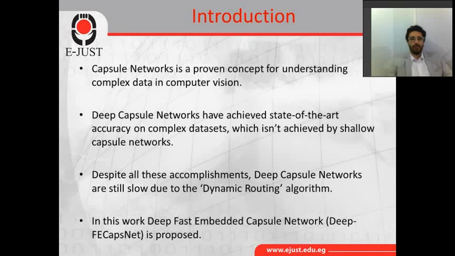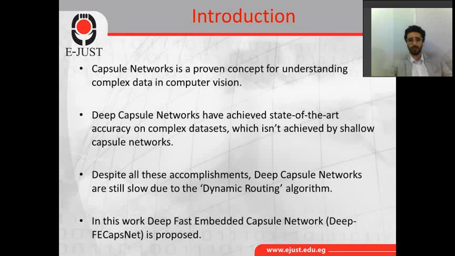So first of all, capsule networks are a proven concept in computer vision that simulates human vision. Capsule networks did a very great job, but they did not achieve state-of-the-art accuracies for complex datasets, and that's why deep capsule networks have been introduced.